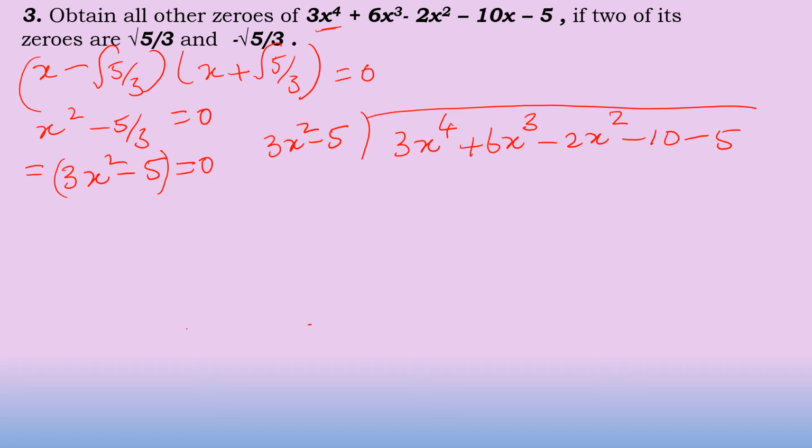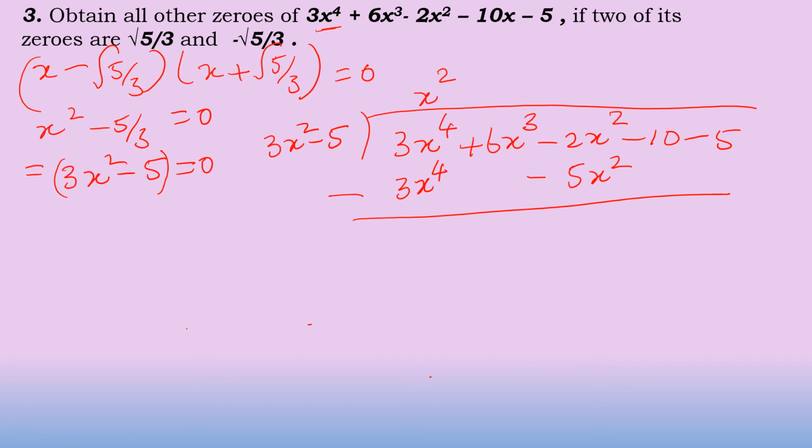What is the first term? 3x raised to 4 divided by 3x square, which will be x square. X square into 3x square will be 3x to the power of 4. Minus 5 into x square will be minus 5x square. You will write it along with the x square term. So you get minus 5x square.